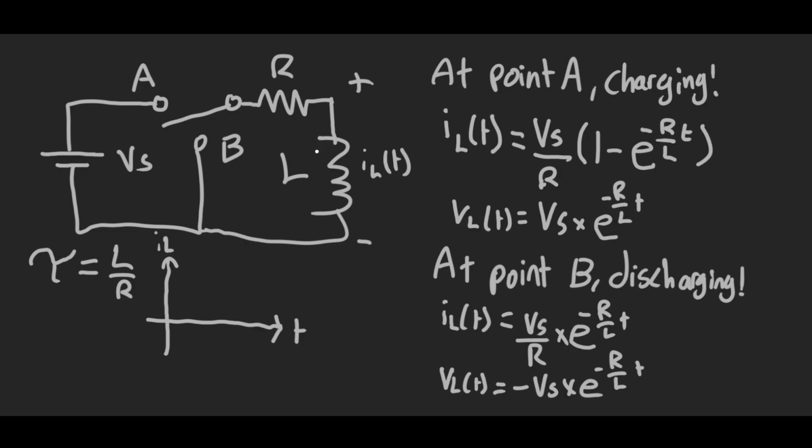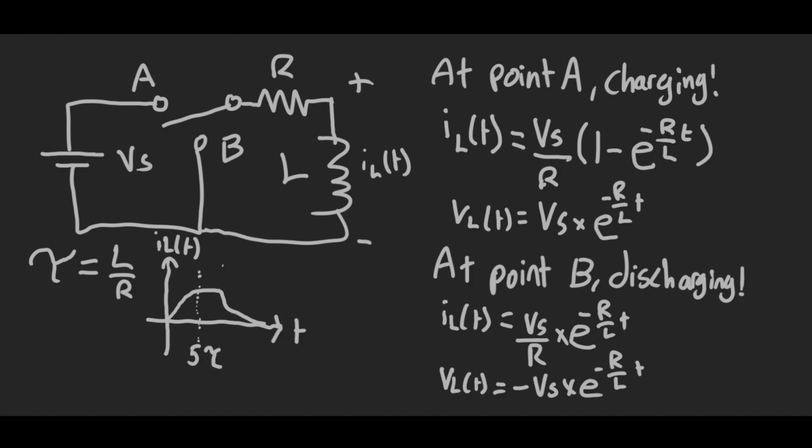So here we have I_L of t on the y-axis and time on the x-axis. And this is what the plot would look like if we consider the inductor when it charges current and discharges current. It would look like this. At this point here, it's about 5 tau.